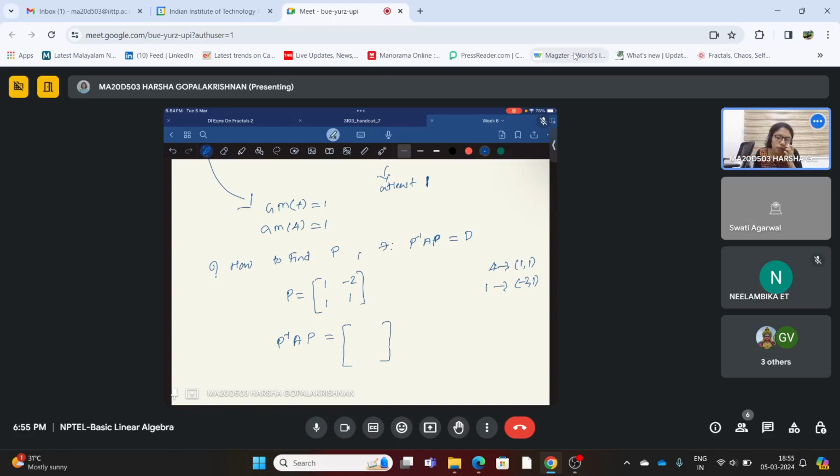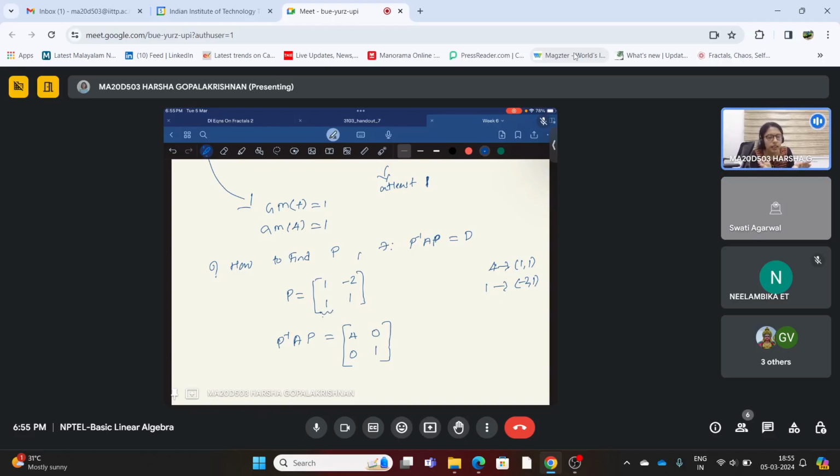So now can you say what will be that diagonal matrix? For that also there is a well-defined form. Since the first column is for 4, we can put 4 first, then 0 and 0 and 1. Correct, because this one is corresponding to 4.